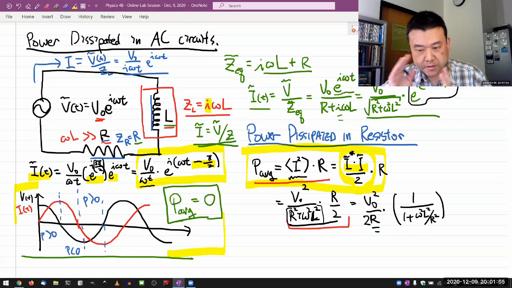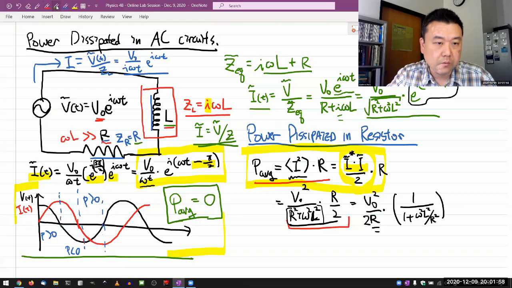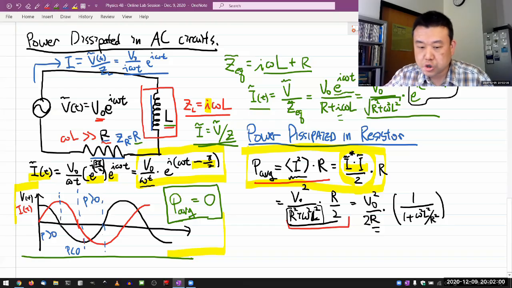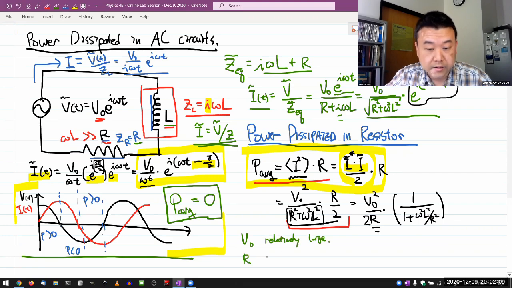Just to have some sense of numbers, what I want you to assume is that V naught is relatively large and R is relatively small.